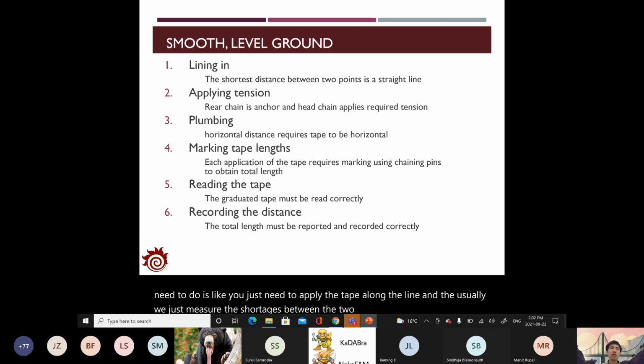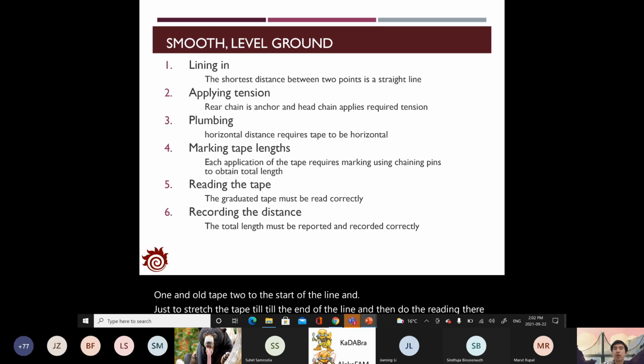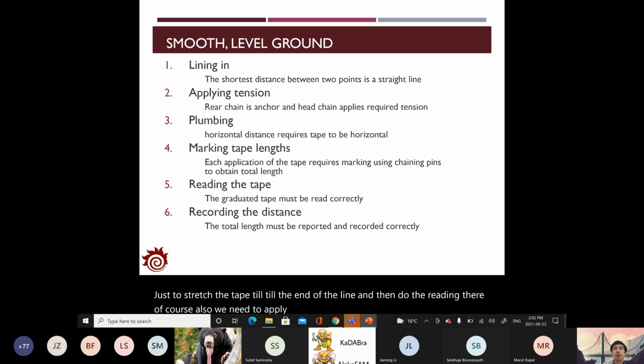You apply one end of the tape to the start of the line, stretch the tape to the end of the line, and then do the reading there. Of course, you also need to apply tension. You need the tension handle to measure what tension is actually applied in that measurement.